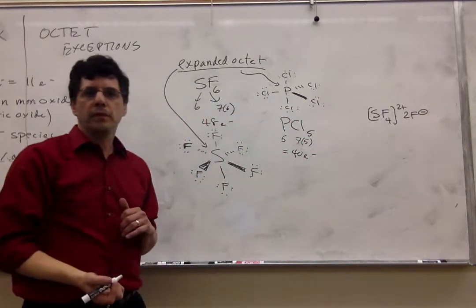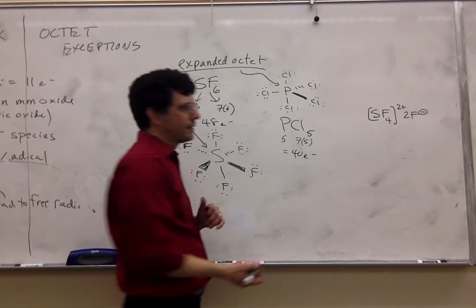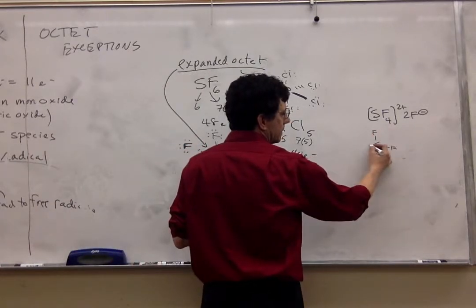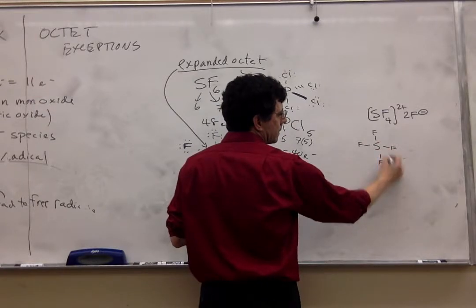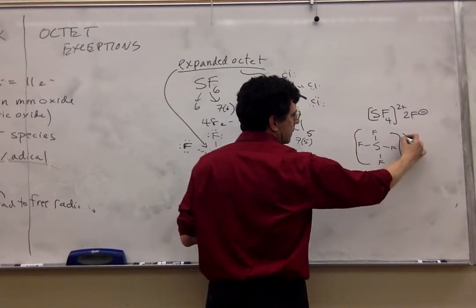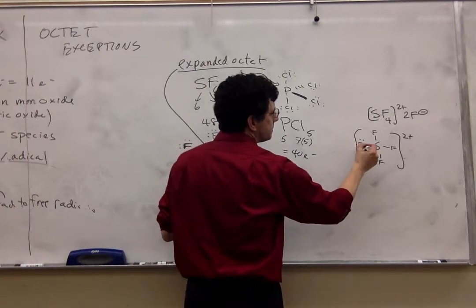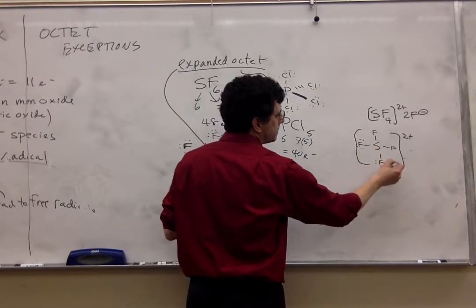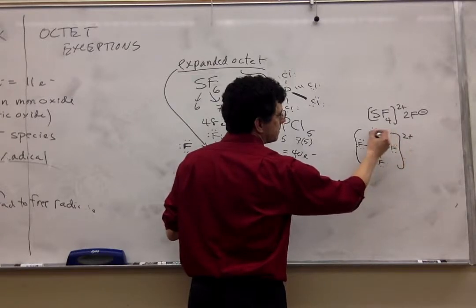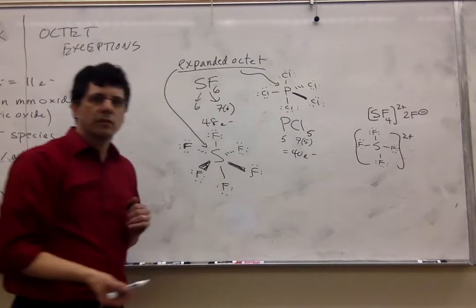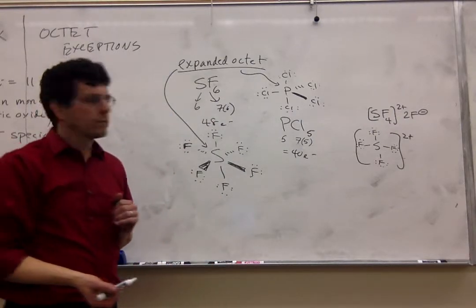You break it up into an ionic compound, because SF4 2 plus, okay, if you think about that, that's 32 electrons, right?